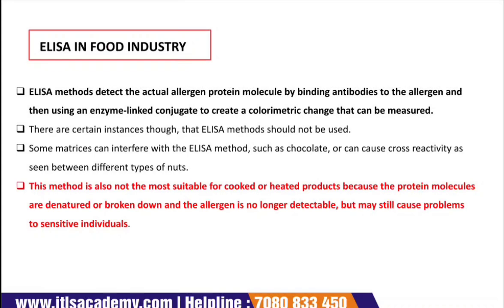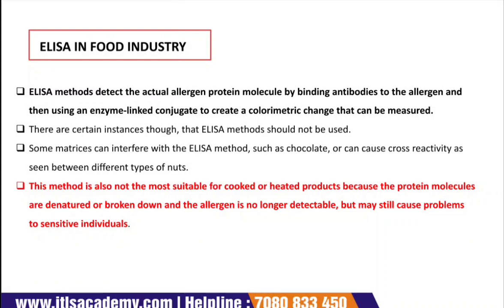Some matrices can interfere with the ELISA method, such as chocolate, or can cause cross reactivity, as seen with different types of nuts also. So there is an exception. Where this method cannot be used, for example when you are testing chocolates, it is just avoided. Why?